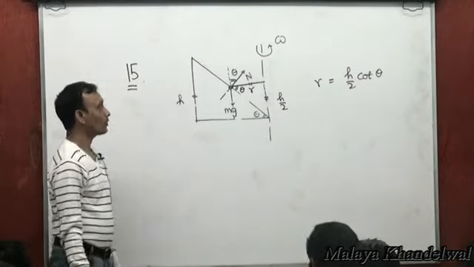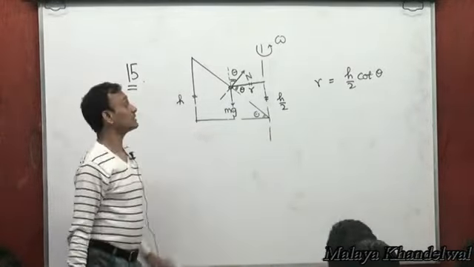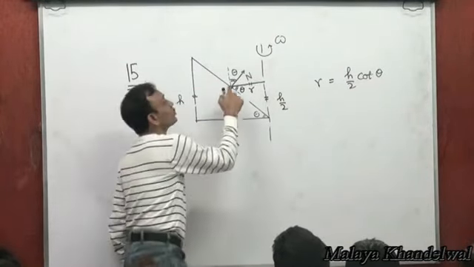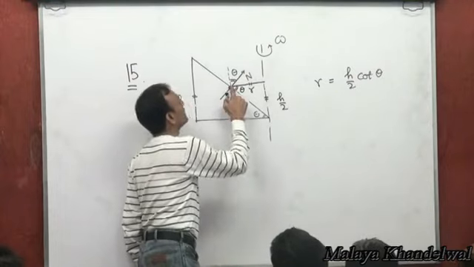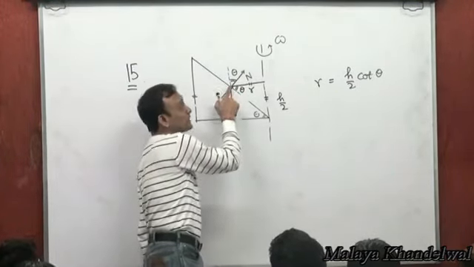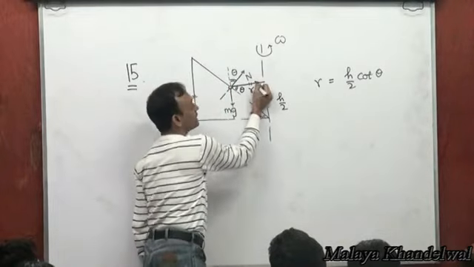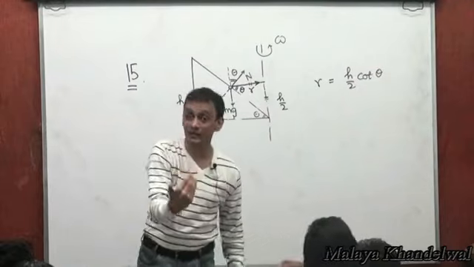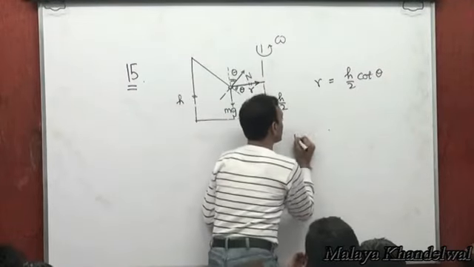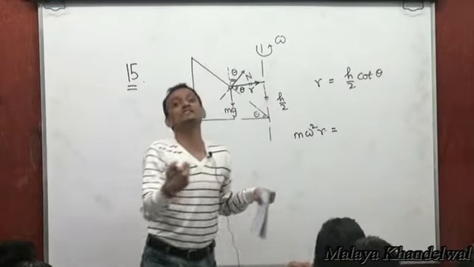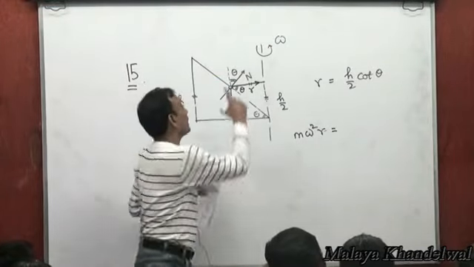Now, who provides the centripetal force to this? This is moving in a circle of radius r with angular speed, synonymous with the angular speed of this, right? So it has a centripetal force requirement directed in this direction equal to m omega squared r. That is its requirement. And who fulfills this requirement? N sin theta.